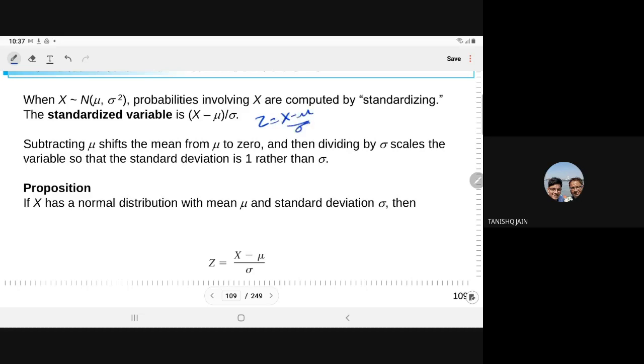So by this substitution, you can modify the given non-standard normal distribution into the standard normal distribution.